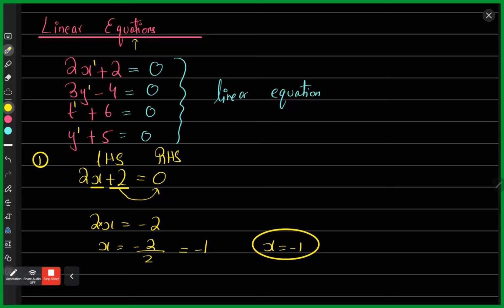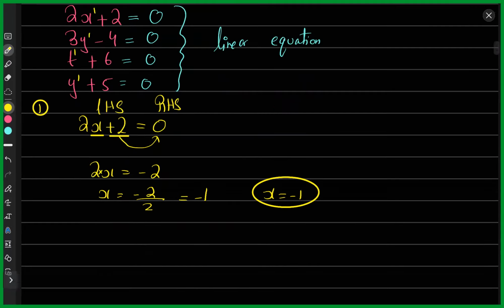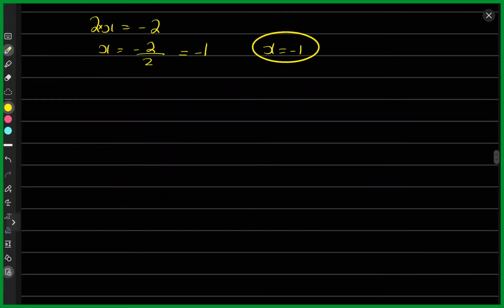Okay. Let's talk about the second one. It says 3y minus 4 equals 0. Again, it's minus 4.